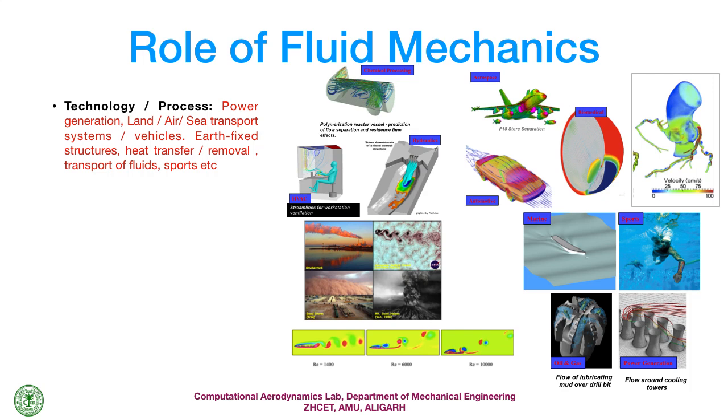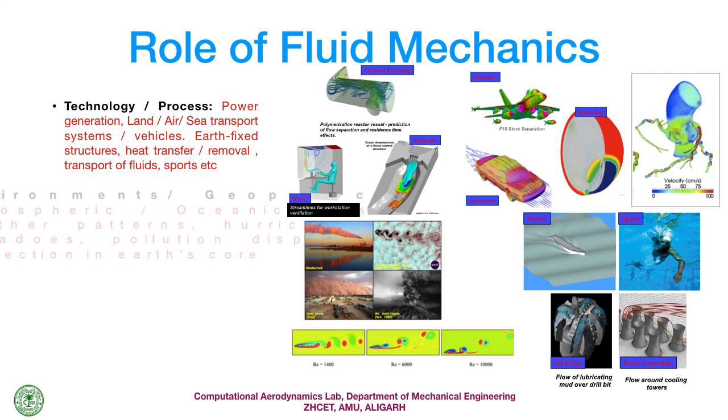So it's very important how you hold the seam and all those things. So these explanations can be given by the fluid mechanics of how exactly the ball is bending.